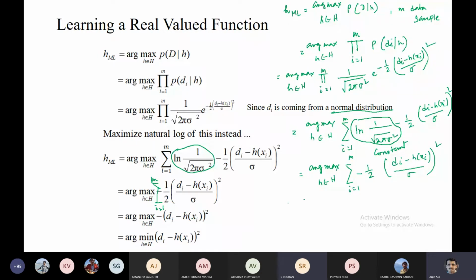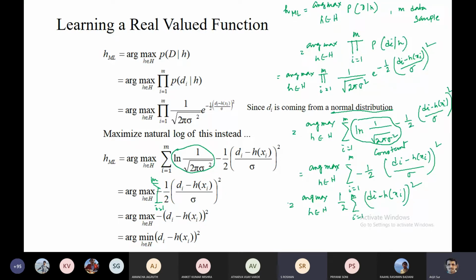So argmax over h belonging to H. This is also a constant, so you can omit it. This sigma square we can omit because it is a normalization term.